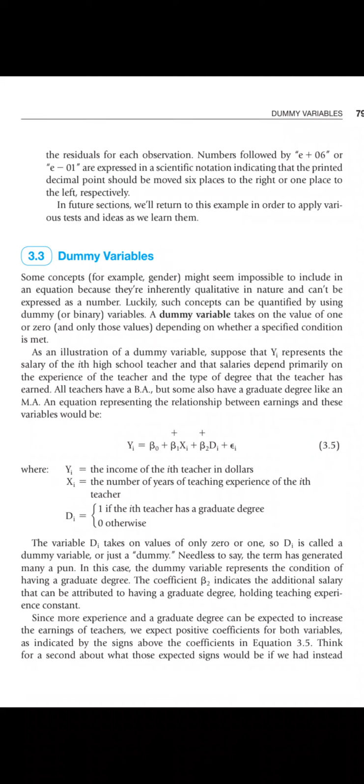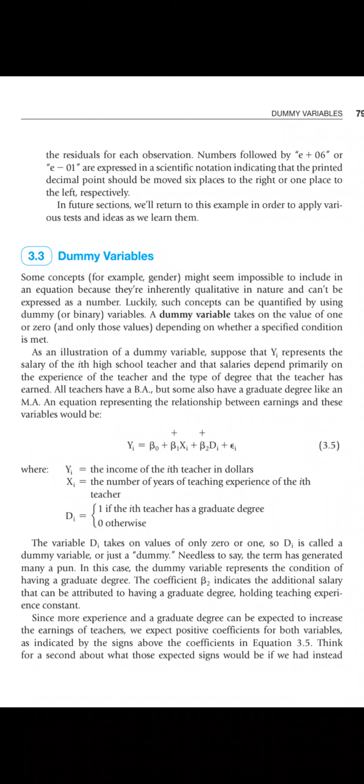If a teacher has a degree, it's going to be represented as 1, and if they don't have a degree, it's going to be 0. Which means if you are going to find a person's salary, and D there is 1, it basically means a person with a degree is going to earn more by some amount.